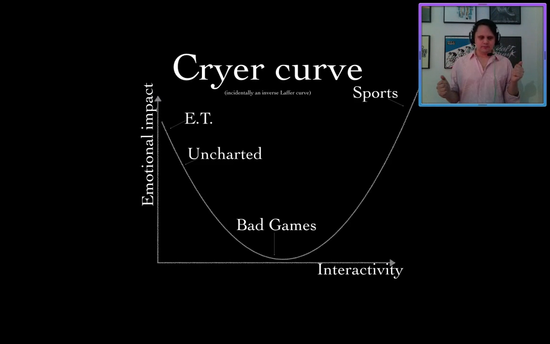However, you can also see that as the curve goes towards more interactivity, it goes down, but after a while it goes up. And the reason for that is because now it's no longer the designer's story. Now it's the story that unfolds dynamically. It's something that the player is involved in.